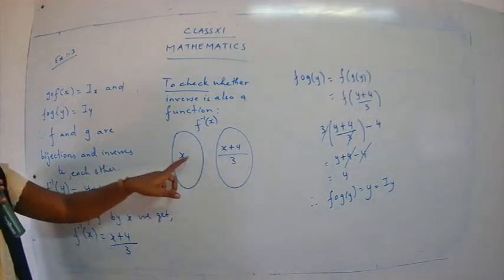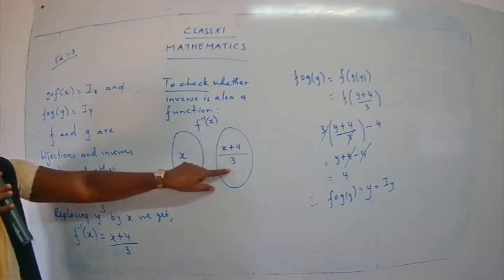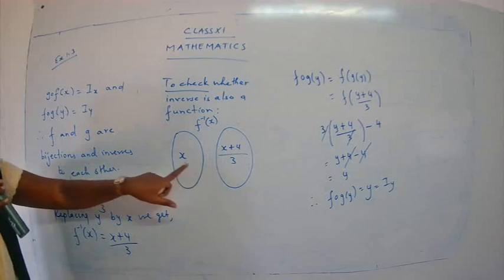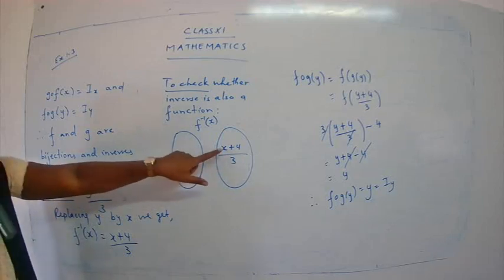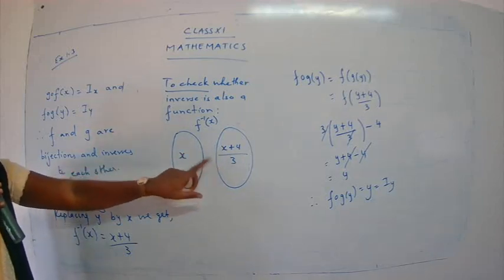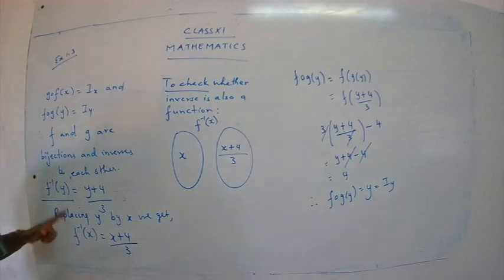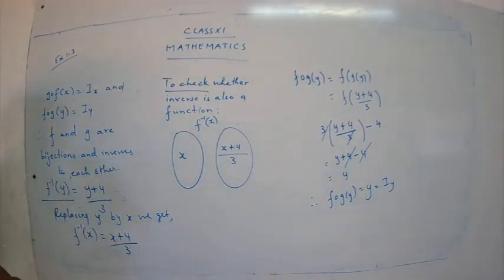If I take 1, I will get 5 upon 3. If I take 2, I will get 6 upon 3. If I take 3, I get 7 upon 3. That means for every value of x, I get a different value for x plus 4 upon 3. So we say that the inverse is also a function.